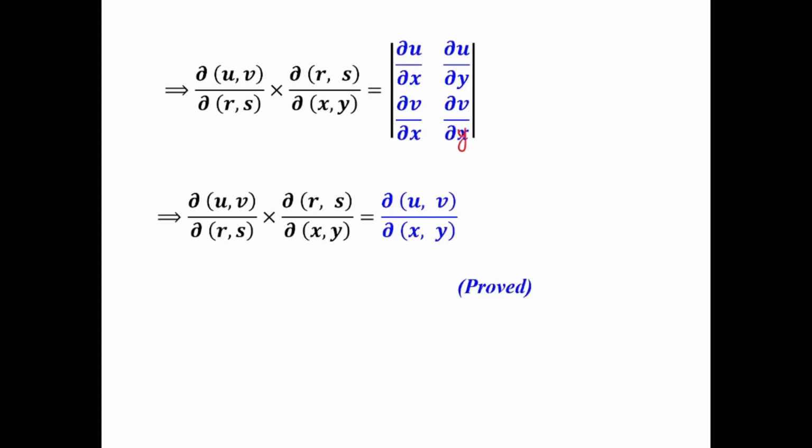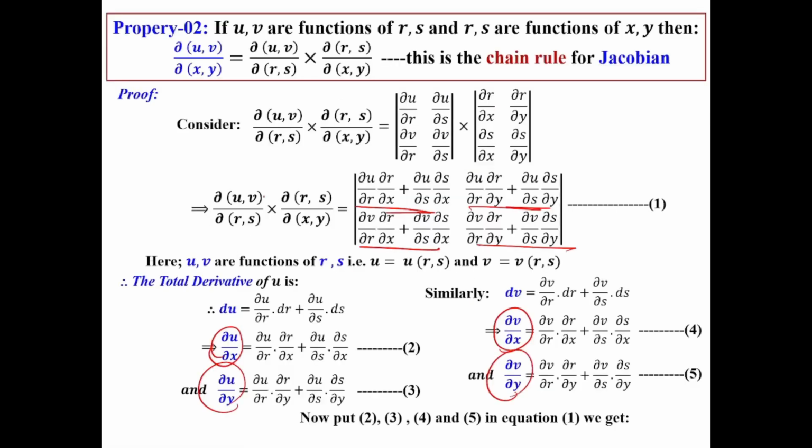Mistakenly written x, this will be del v by del y. So if I write this, this determinant is nothing but your del(u,v) by del(x,y), or you can say Jacobian of u, v with respect to x, y.